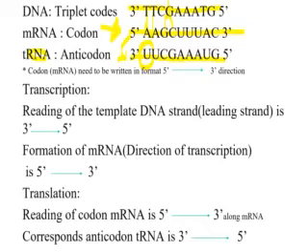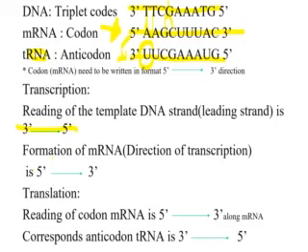Now transcription is a process where the template DNA strand, the leading strand, is being read. Okay, and then the direction is always from the 3rd prime to the 5th prime. Formation of mRNA, okay, or the direction of transcription. Transcription is a process where we have mRNA being synthesized.